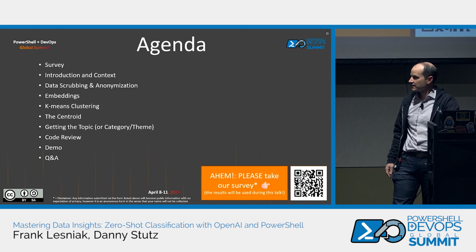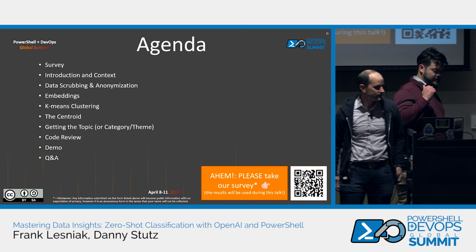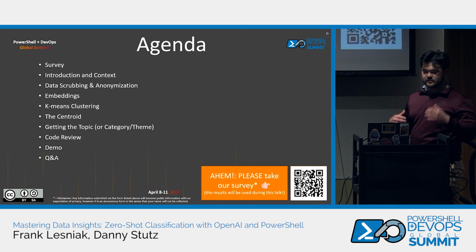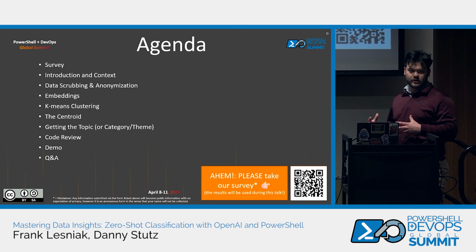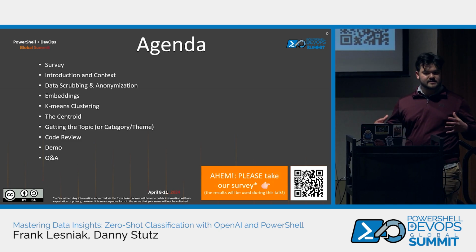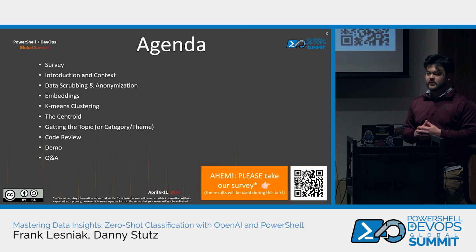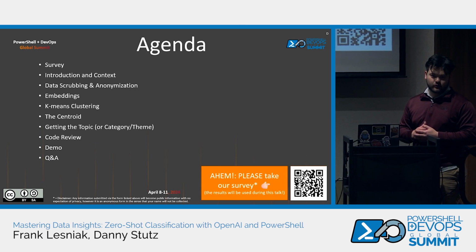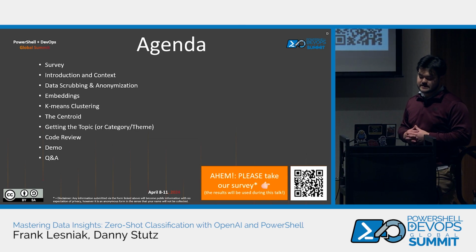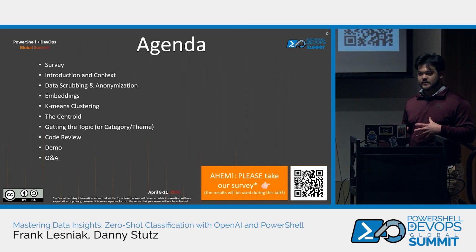Agenda? Awesome. For the agenda today, we'll start off going through some of the survey results. We'll collect the survey results, and then during the demo, we'll go through the live analysis of all the responses. Then we'll go through the context, level set on what brought us here, the use cases we had seen for it, and why we developed this process. Then we'll get into some of the more data science-y things around scrubbing the actual data and anonymizing it.